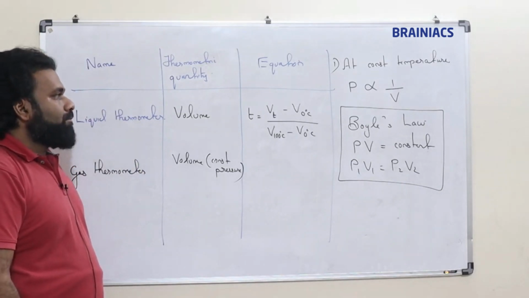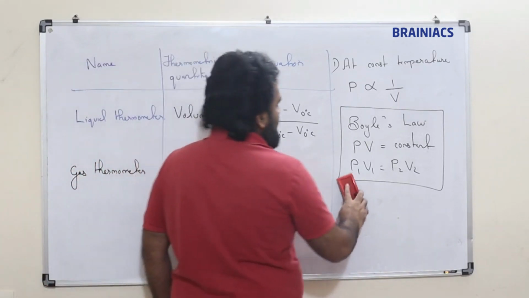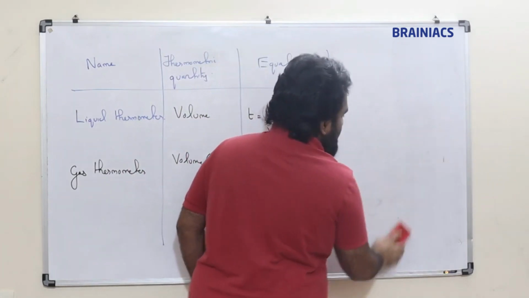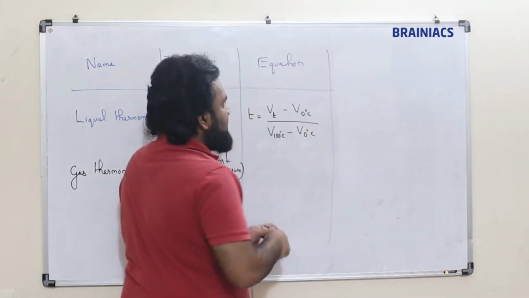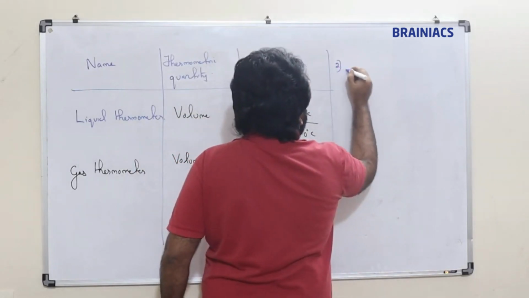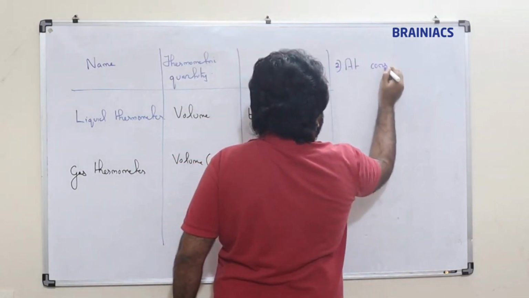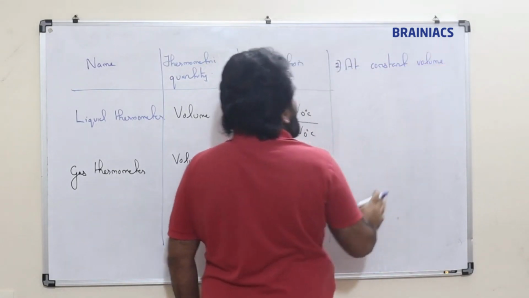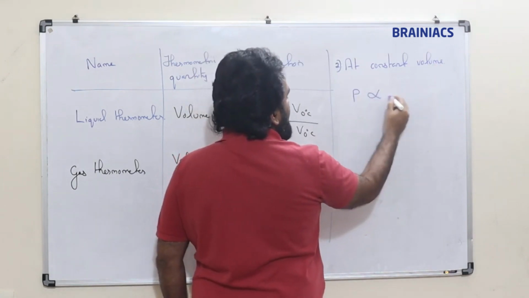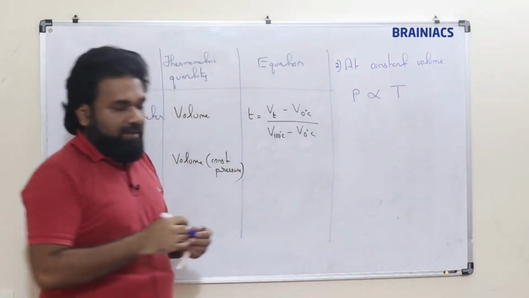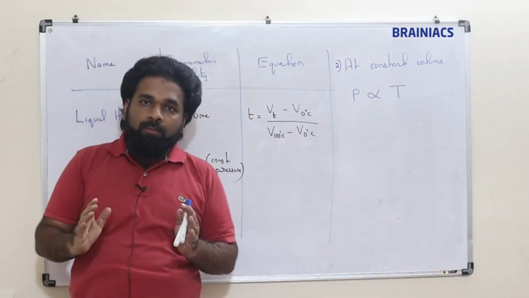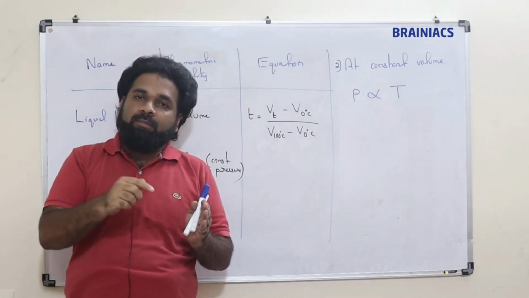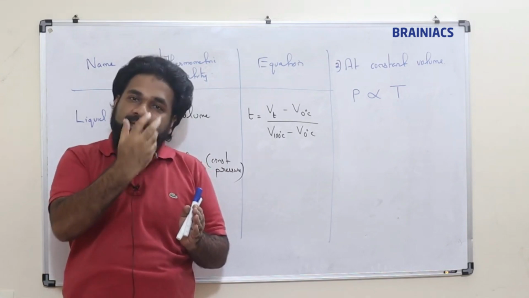Next one is at constant volume. At constant volume, P is proportional to T. If we could maintain the volume of a gas as constant, then as the temperature changes, pressure will increase or decrease accordingly.